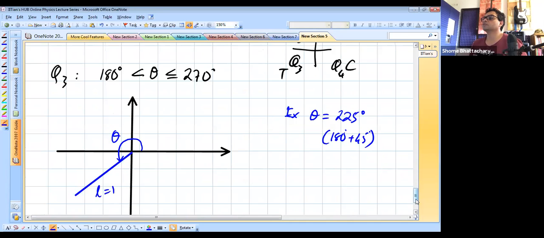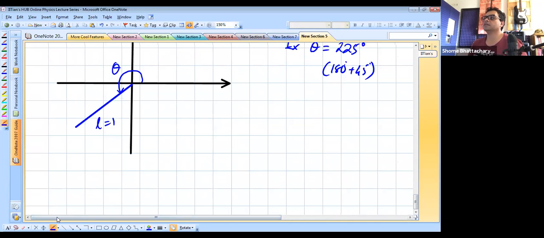So just zooming in a little more on the diagram, you can see that if I drop a perpendicular like this onto the x-axis and a perpendicular like this onto the y-axis, then now this represents our x and this represents our y.